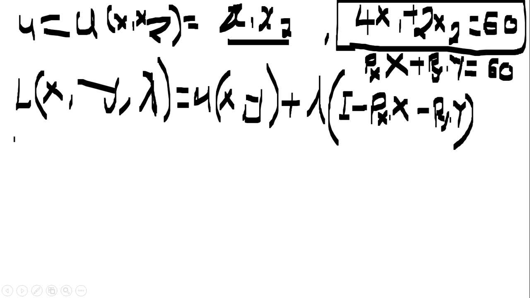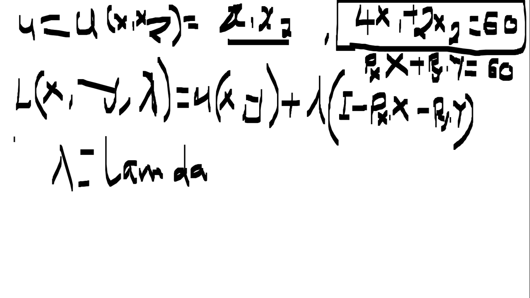At the same time, we will also get the partial derivative with respect to this symbol here, which we call lambda. So we get the partial with respect to x, the partial with respect to y, and lastly the partial with respect to lambda.